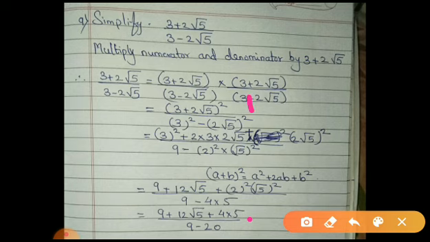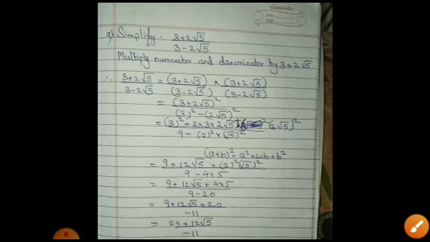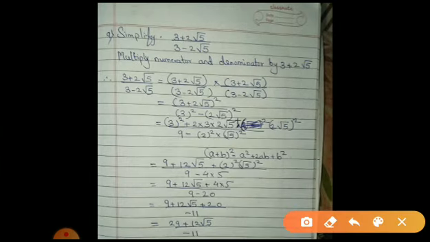So here this will be the step. Okay. This will be the step. So 9 plus 20 is a constant, so I can add it. 9 and 20 I can add. So 29 plus 12 root 5 by minus 11. Okay. Now here 29 and 12 will not be added. Is that clear? Because it is 12 root 5.